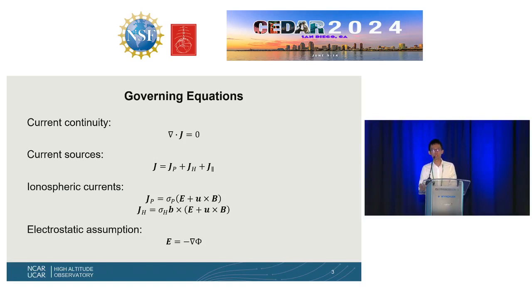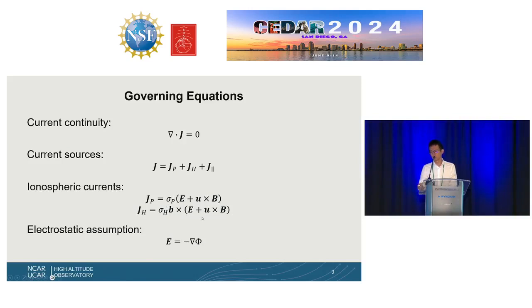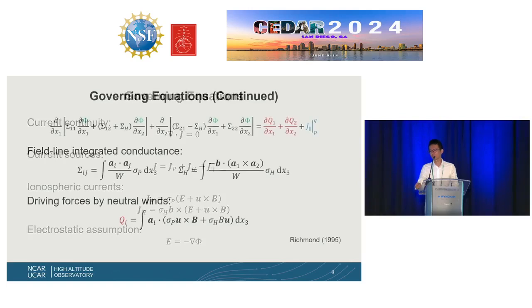Also, we are assuming an electrostatic situation, so the electric field can be written as the gradient of a potential field. As we also assume infinite parallel conductivity, we are able to simplify the whole model into a 2D model instead of simulating the whole 3D model.